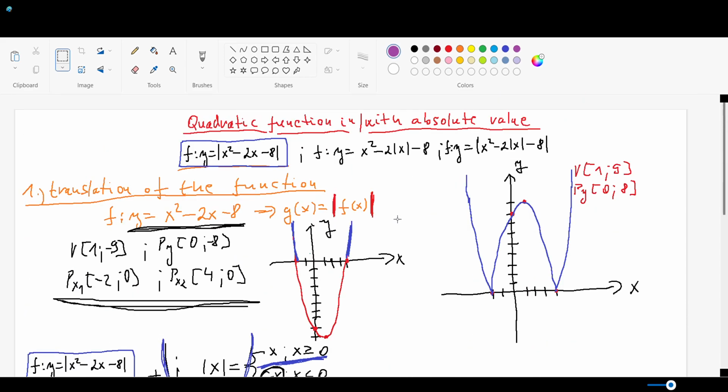So you can now understand and see very clearly that translation of the function is strong knowledge and really something to use.